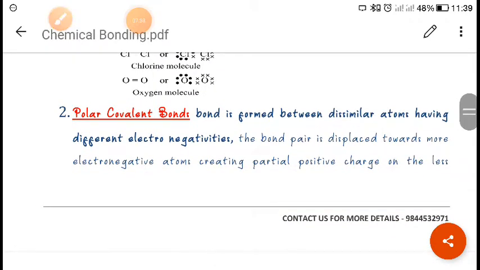When we talk about the polar covalent bond, it is generally formed by two different types of elements, or two different types of atoms which have a difference in their electronegativity.